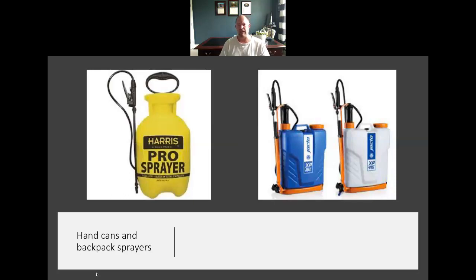Maybe you just want to have some herbicide on your mow trailer, or you want to have your mow crews have the ability to go out and spot spray weeds in beds or lawns. So hand cans and backpack sprayers are real handy for that.